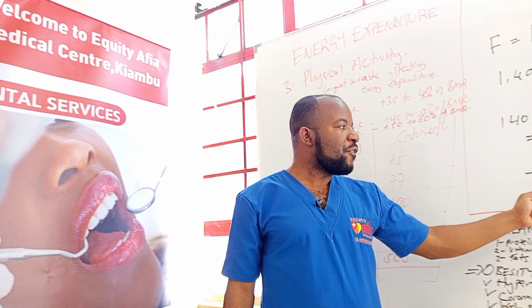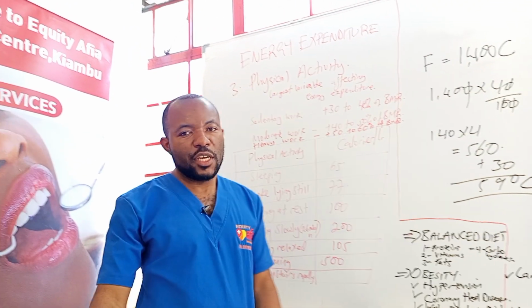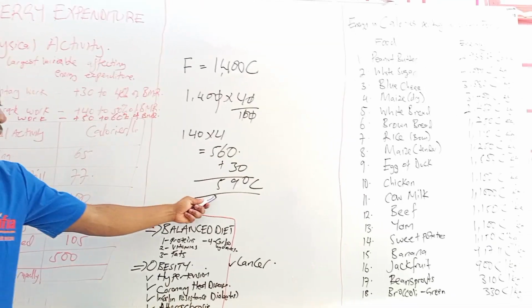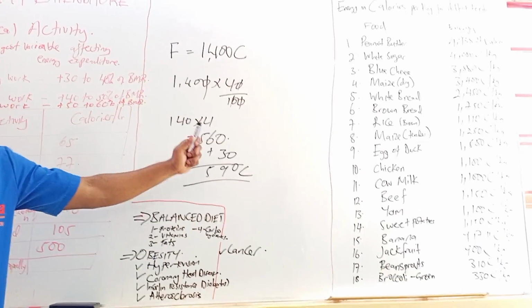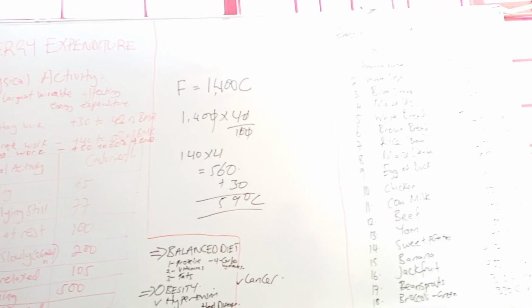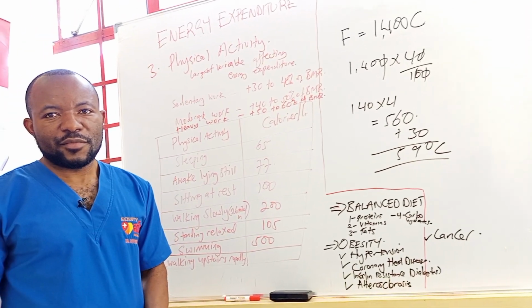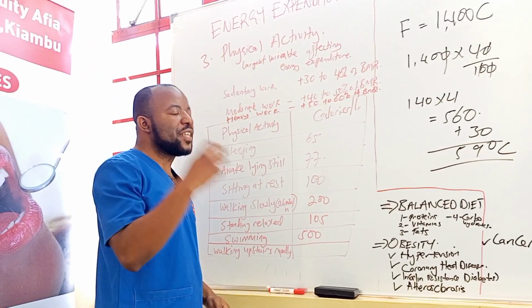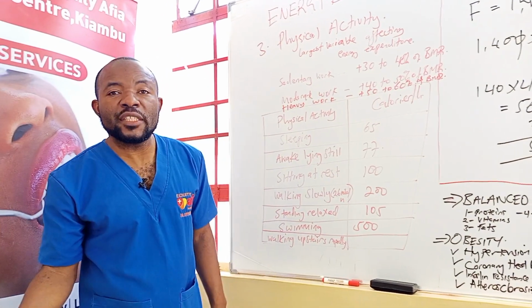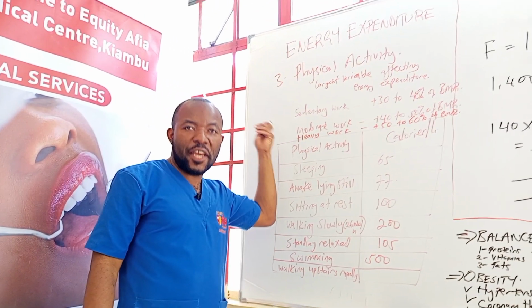You will need 590 calories to do that work only. So when you subtract 590 from 3,400 calories, you still have a lot. You still have 3,000 remaining. Do you understand? So physical activity is overrated according to the biochemistry of spending energy.